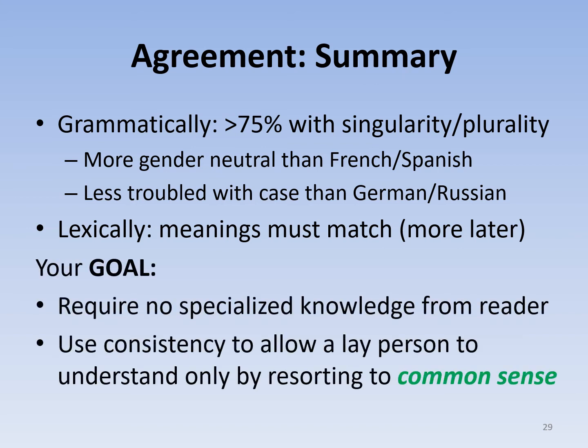So your goal is to write clearly enough that you do not require any specialized knowledge. Basically, if you write an organic synthesis paper, the reader does not have to know organic synthesis to understand what is going on, because you are using consistency and agreement to make sure that you write everything crystal clear, and the reader can use nothing more than common sense to understand what is going on.